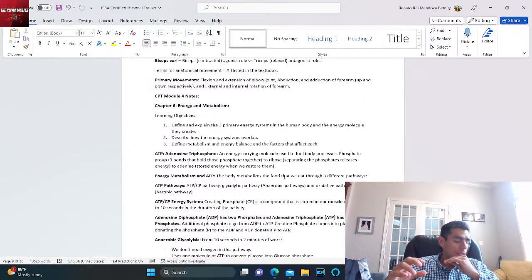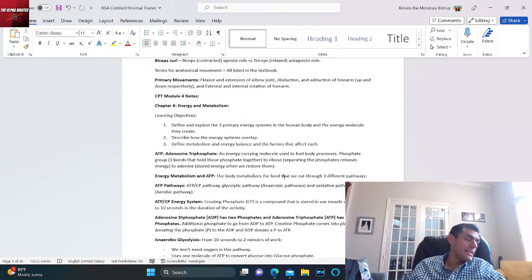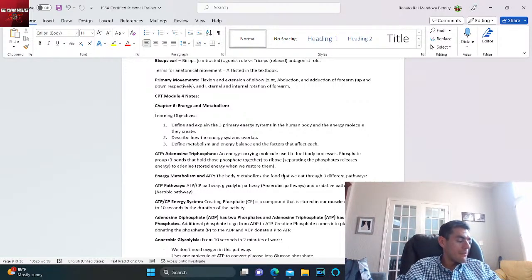And adenine is the stored energy when we restore them. So ATP, adenosine triphosphate, is an energy-carrying molecule used to fuel body processes.